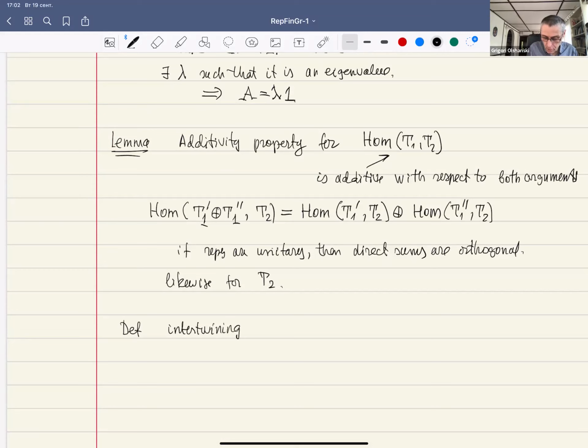The intertwining number is denoted as nu between T1 and T2. This is by definition the dimension of the space of intertwining operators.